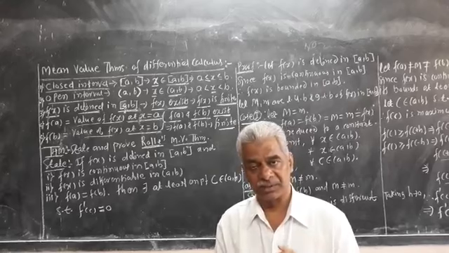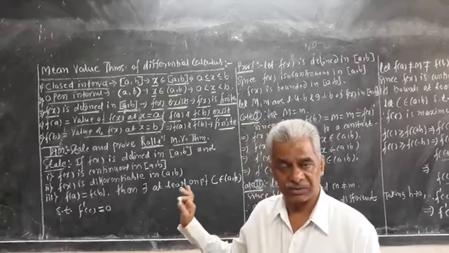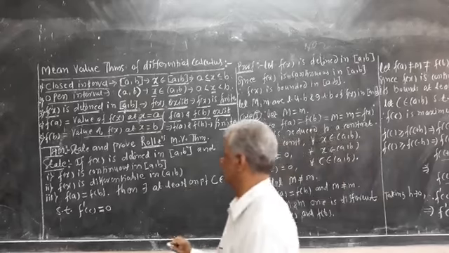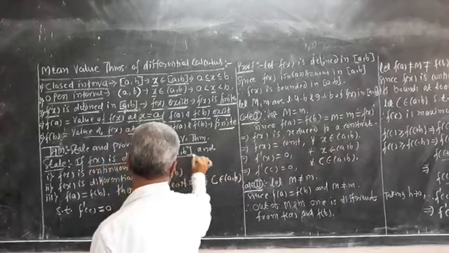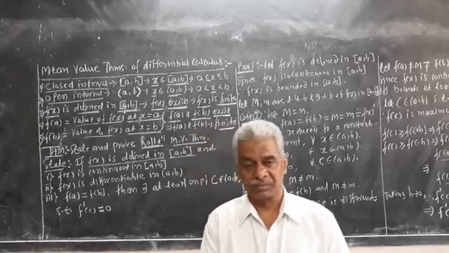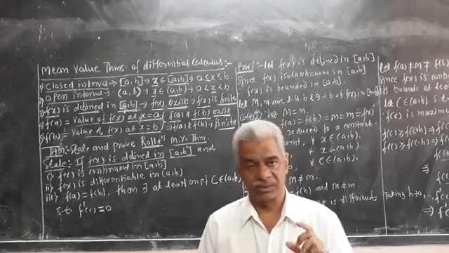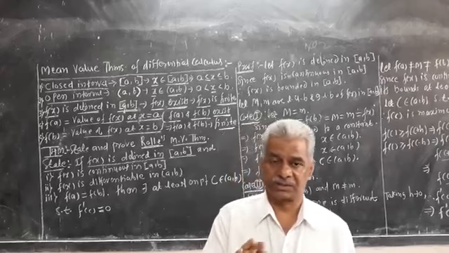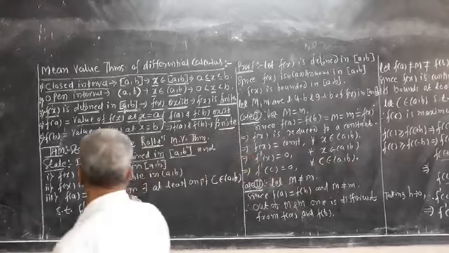To consider the statement of a mean value theorem, always you consider one function f of x, which is defined in a closed interval a, b. Then, the next point is that the function satisfies certain conditions. The first condition is about the continuity.